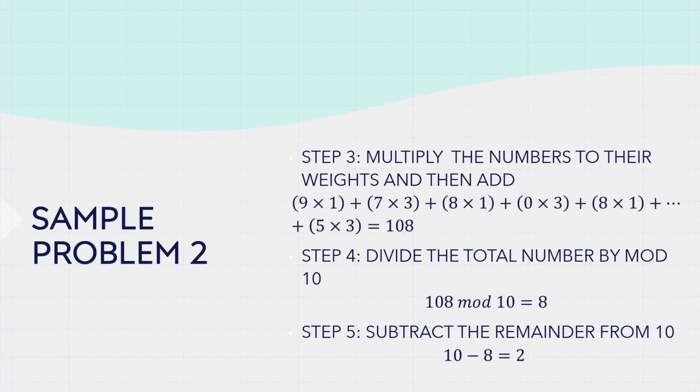By that, we multiply the numbers to their weights and then add. This leads us to a result of 108. So this 108, we will divide by mod 10, which is 8, and then it will be subtracted again from 10. So this will give us 2 as the answer.